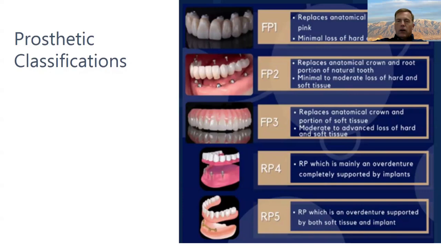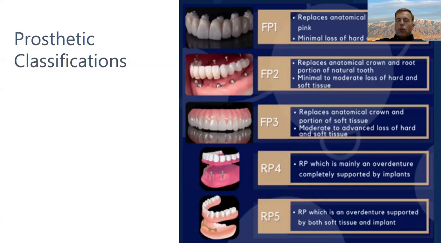RP5s, they're an overdenture supported by implants with resilient attachments and tissue. So basically a locator denture. They're, as you guys know, they can be a little bit less stable than what a patient might like. They're usually a more affordable option.